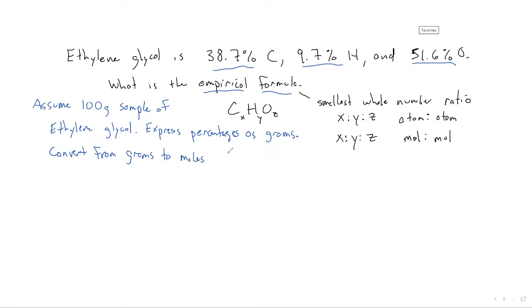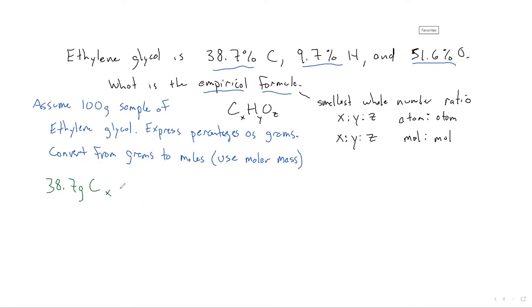And how do we convert from grams to moles? We use molar mass. So you should have your periodic table handy. Let's do this. So carbon, 38.7 grams of carbon. I'm going to convert that to moles.